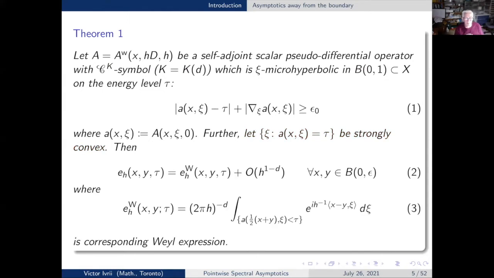Then e(h, x, y) is equal to the Weyl expression, plus O(h^{1-d}), where the Weyl expression is given by this quite natural formula, and we call it the Weyl expression.